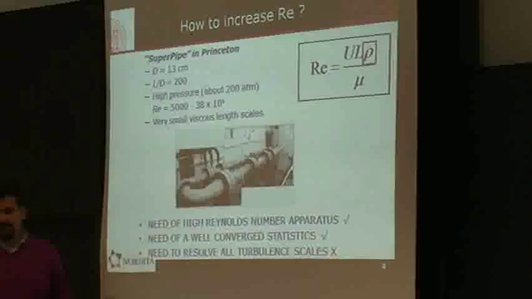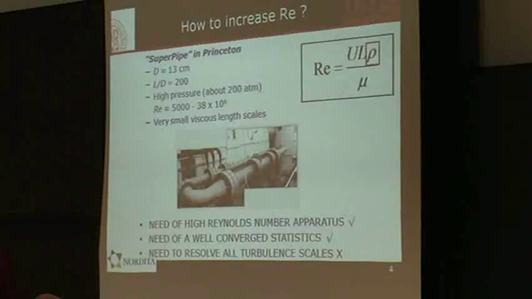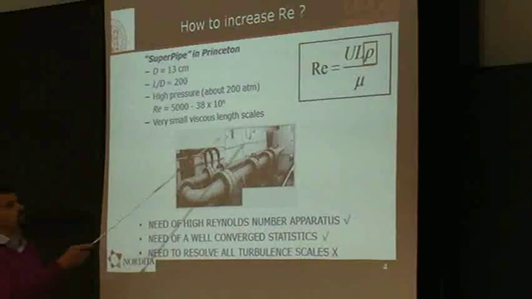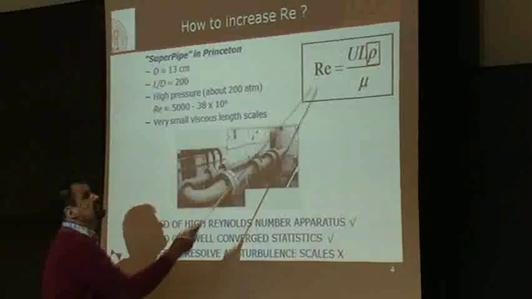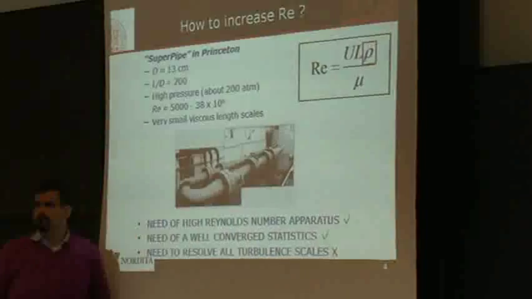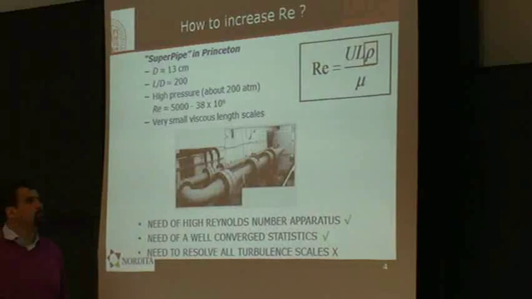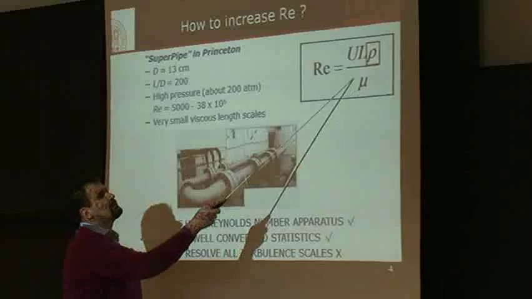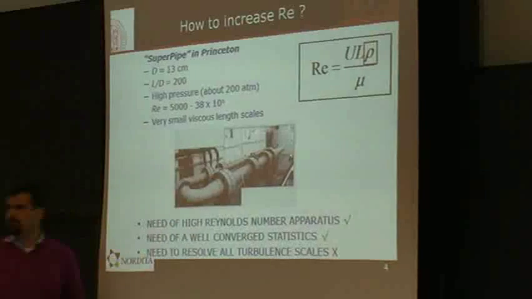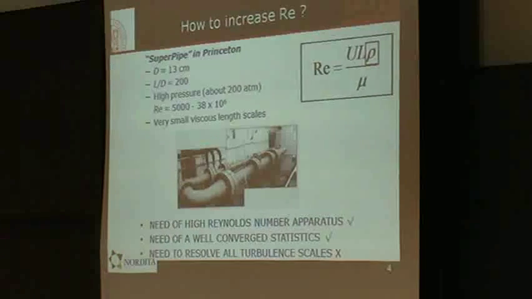So first of all, how can we increase the Reynolds number? Well, we know that in the SuperPipe in Princeton, you can reach high Reynolds number by playing with the density. There are other attempts, of course, at CERN, the group of Skrbek, that are using cryogenic flows, so they can lower the viscosity.